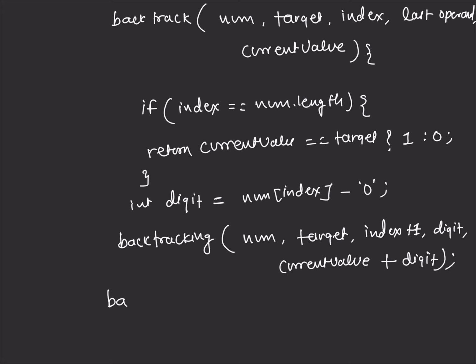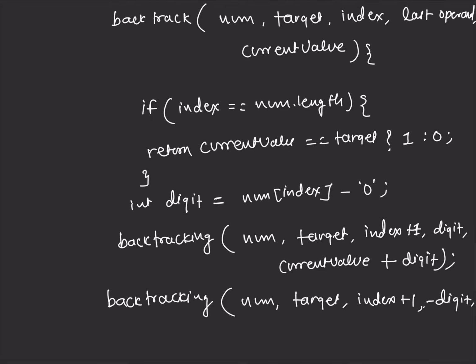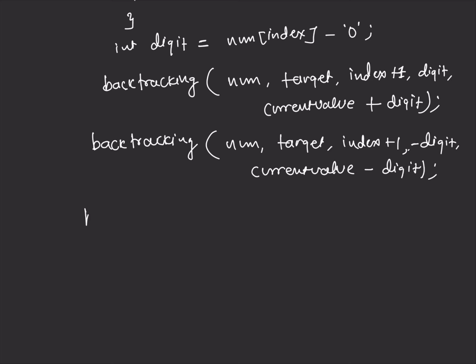The next is for subtraction. So num as it is, target, then index plus 1, then the last operand is minus digit, and then the current value minus digit. Then next is for multiplication.